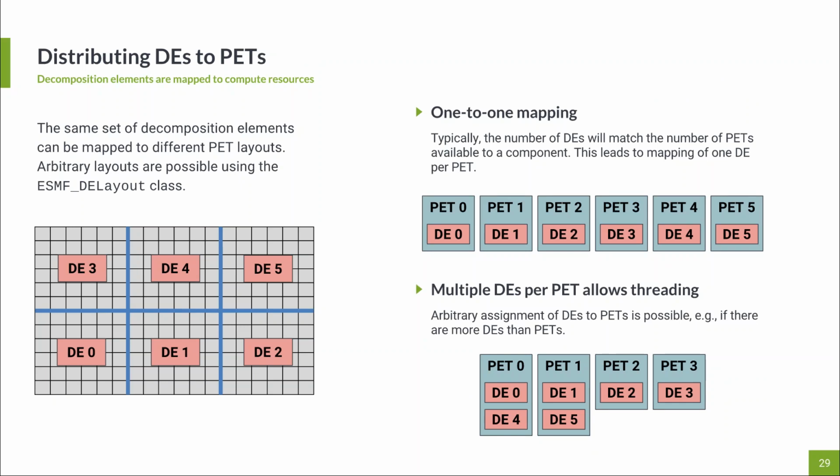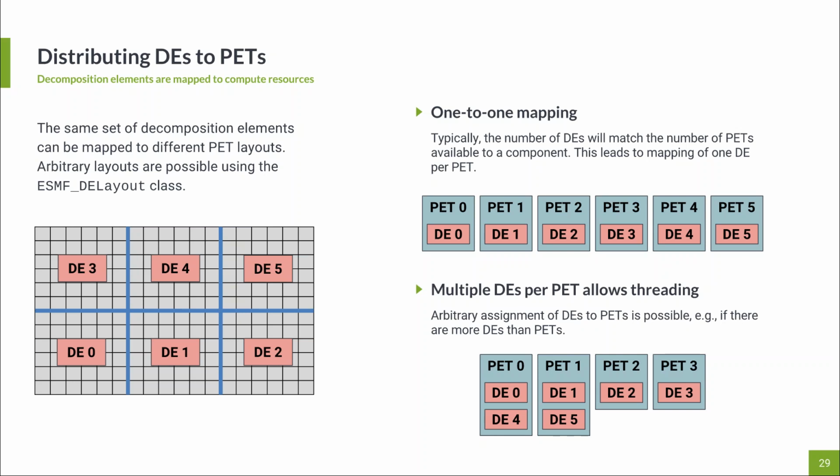One thing that's important to know is there's a difference between a decomposition element and a PET. This provides an additional layer of flexibility, because you can map DEs to PETs however you want. The typical case is you will divide up your domain into a number of decomposition elements that is the same as the number of PETs, and have a one-to-one mapping.